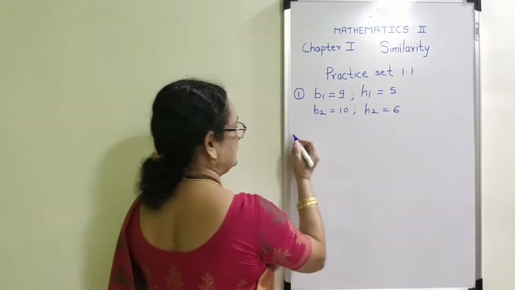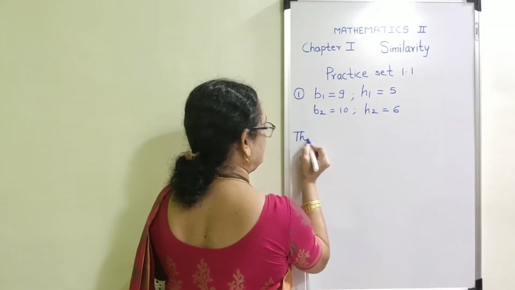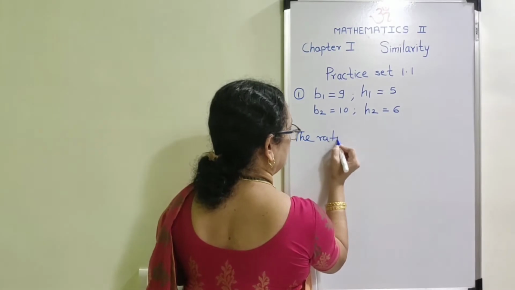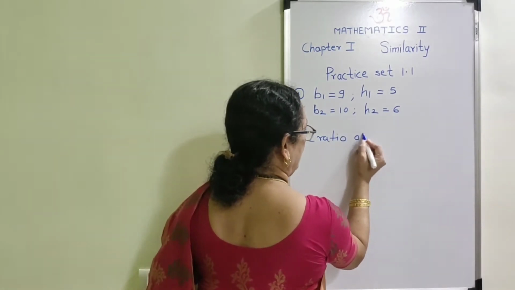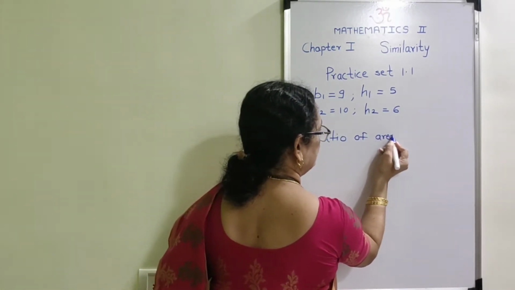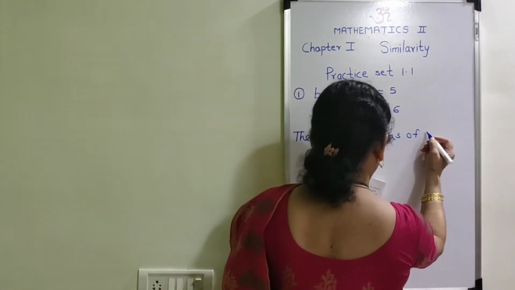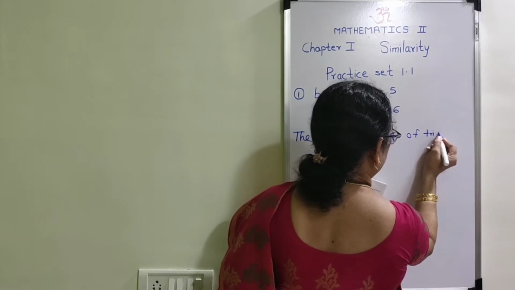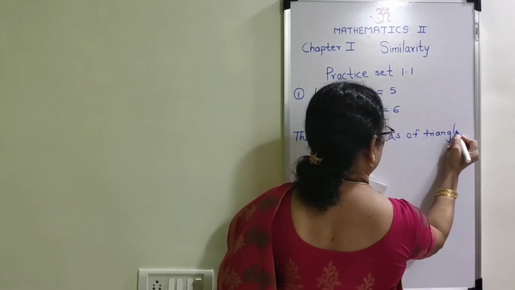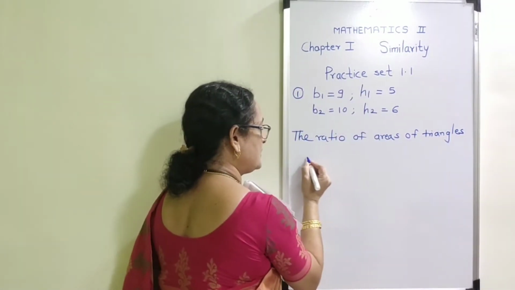Now I can write the ratio of areas of the triangles. We have learned the first property.